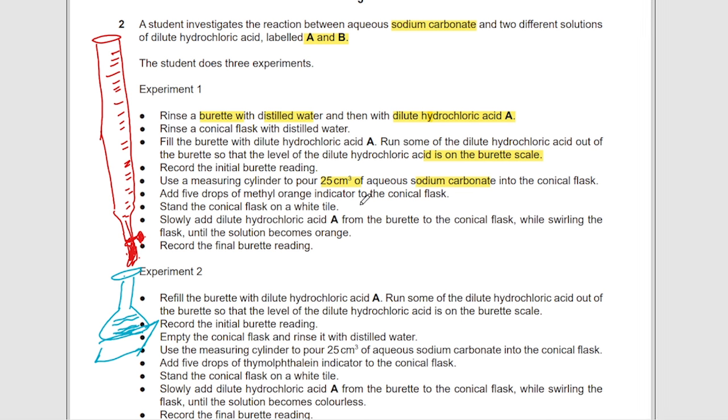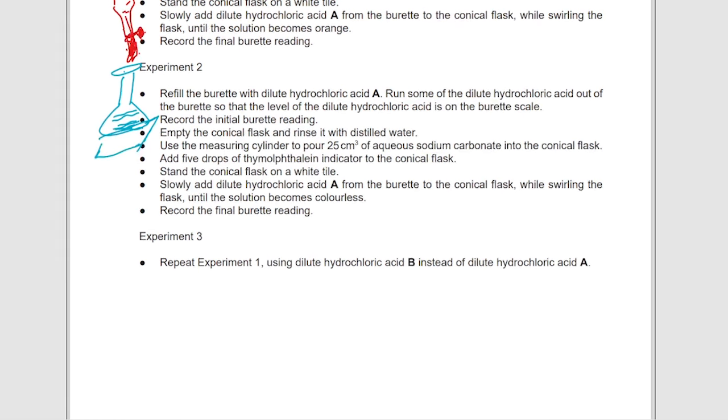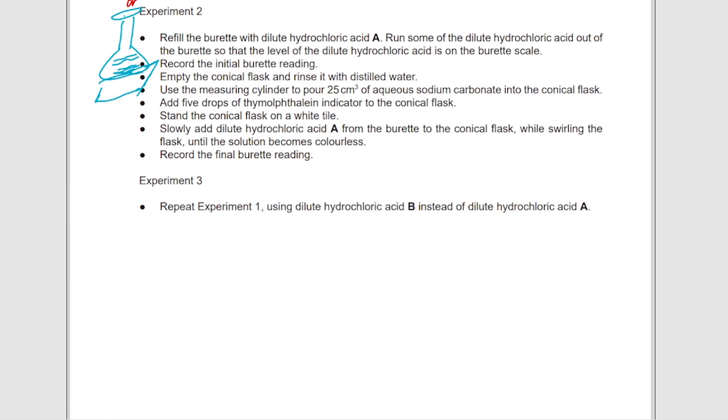So in experiment 2, refill the burette with the dilute hydrochloric acid A. Again we are going to repeat this experiment with A. Run some of the dilute hydrochloric acid out of the burette so that the level of the hydrochloric acid is on the burette scale. Okay. Record the initial burette reading.